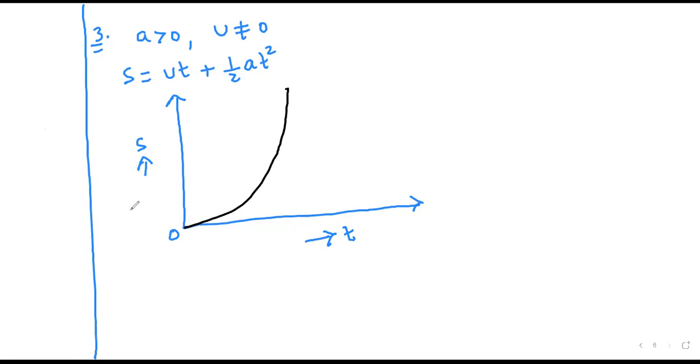Otherwise, for any other quantity not like time, I can draw this side like this. This shape resembles a parabola. That is the ST graph in non-uniform motion with acceleration greater than 0 and initial velocity not equal to 0.